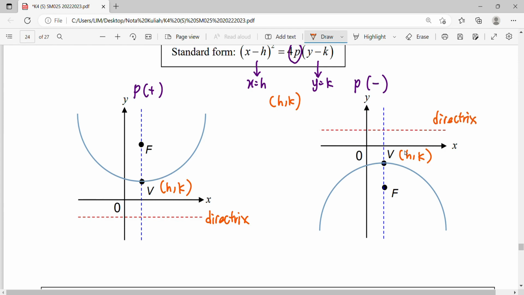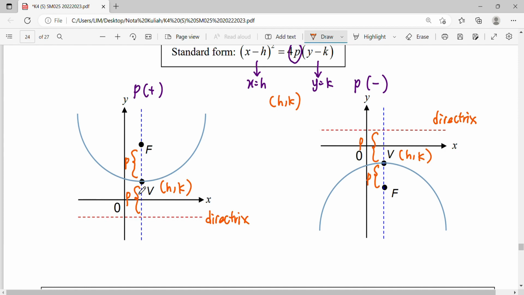To find the focal point, we notice that from the vertex to the focal point, it is a distance of p. From the vertex to the directrix, it is also a distance of p. Here also a distance of p.